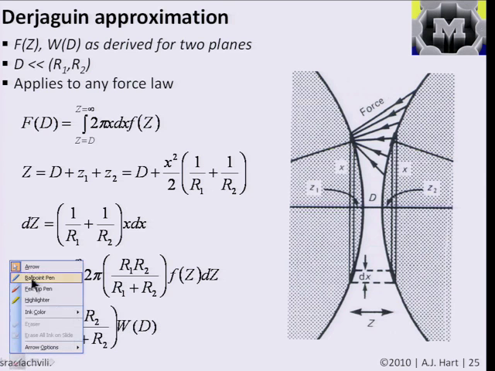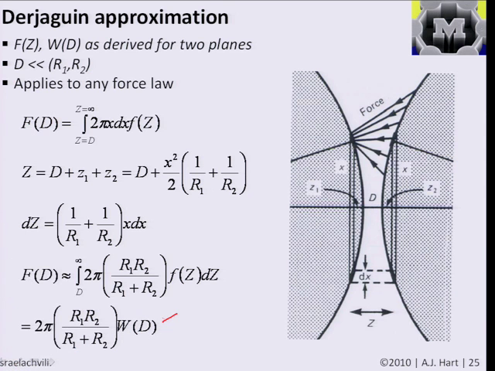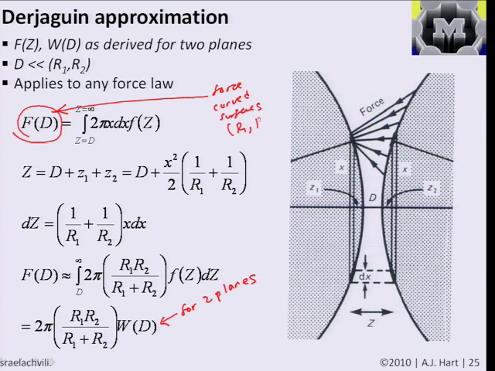So what this represents is this is for two planes as we defined before, and then this F of D is the force for the curved surfaces with R1 and R2.